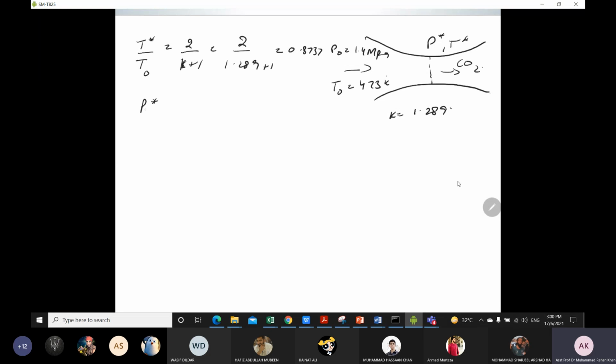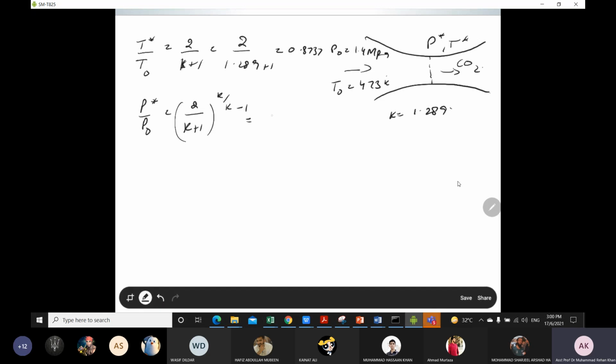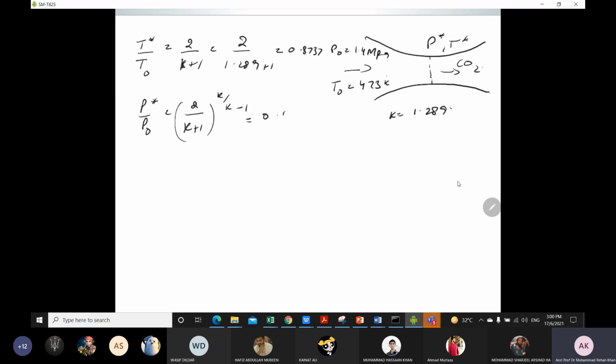Similarly, we can find P star by P naught, that is equal to (2 over K plus 1) raised to K divided by K minus 1. So you have to put the value of K and you will get the answer as 0.5477.